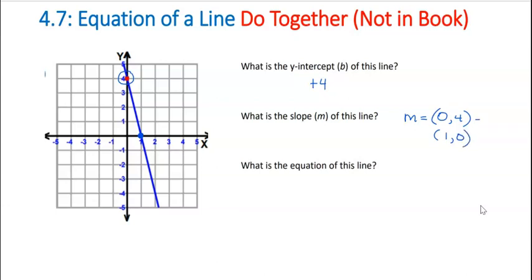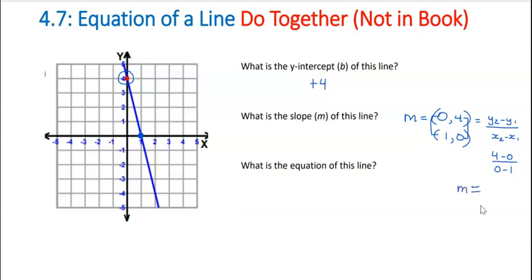And then remember, we can take our y values and subtract them, and our x values and subtract them. So we're going to take the 4 minus the 0 for our y values, and 0 minus 1 for our x values.